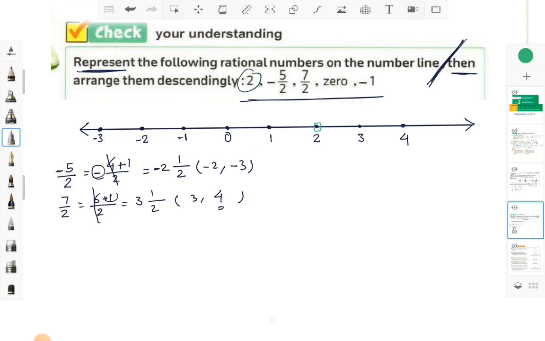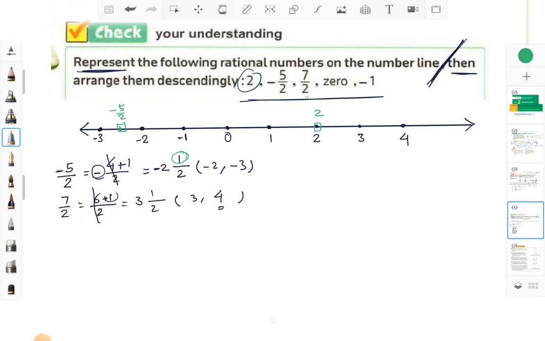The first one, negative 5 over 2, equals negative 2 and a half, between negative 2 and negative 3. Here we have to divide it into two parts, like that, and just take one part after negative 2, and we put it here. Here we have 2, and here we have negative 5 over 2.